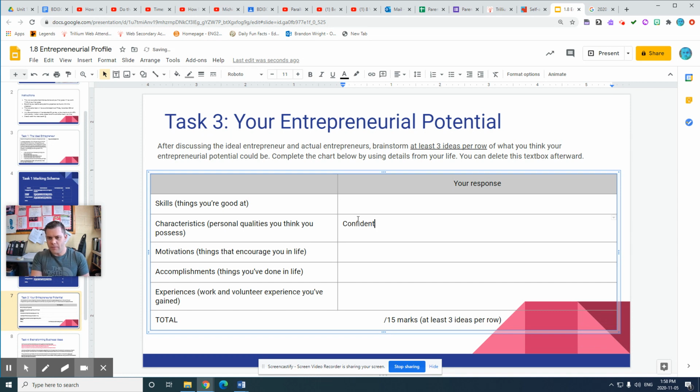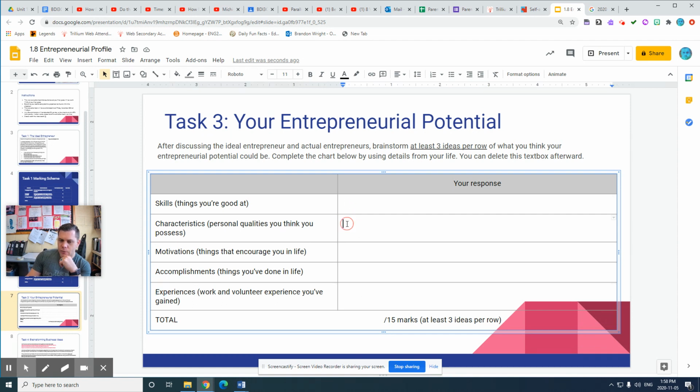You can say confident, smart, literate. It's whatever you think fits you. Motivations: what are 3 things that motivate you in life? What are 3 major accomplishments that you've performed in life? And then experiences: what are some work or volunteer experiences that you've gained in your life?